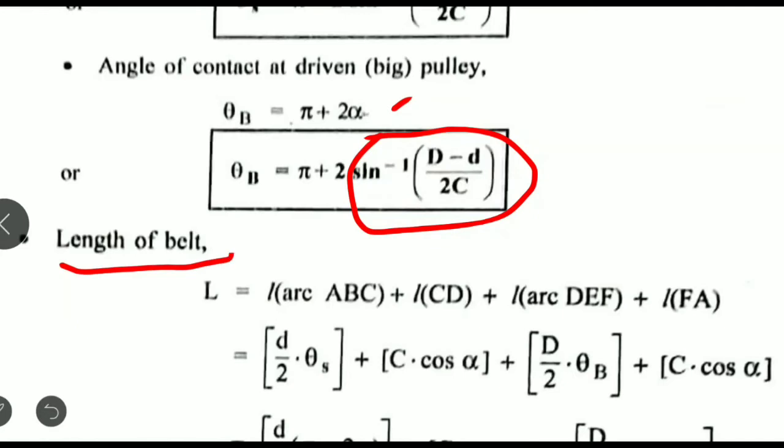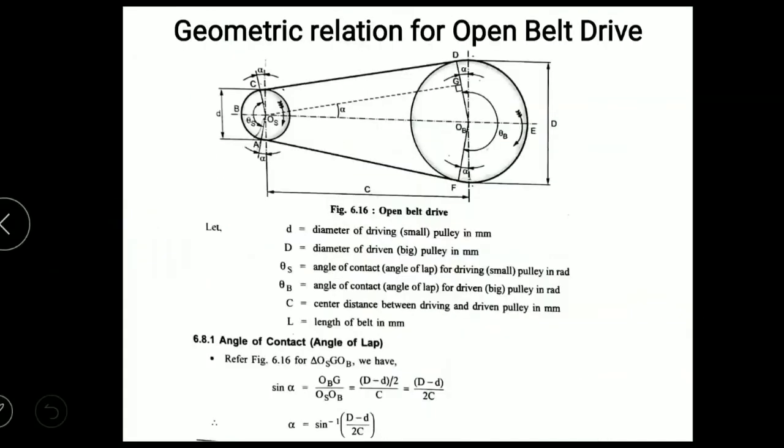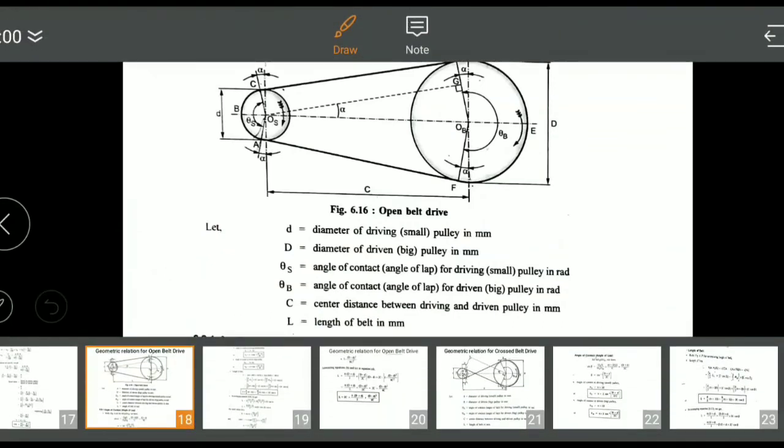So the length, as I told you, is arc ABC plus CD plus arc DEF plus FA. Again I'll explain for the sake of your understanding: arc ABC plus the center distance or length CD plus arc DEF plus FA.